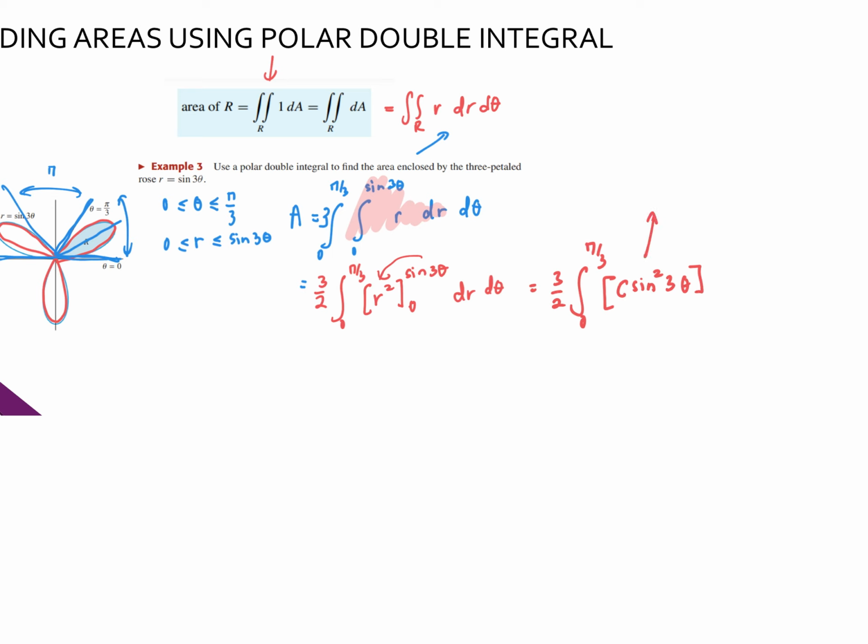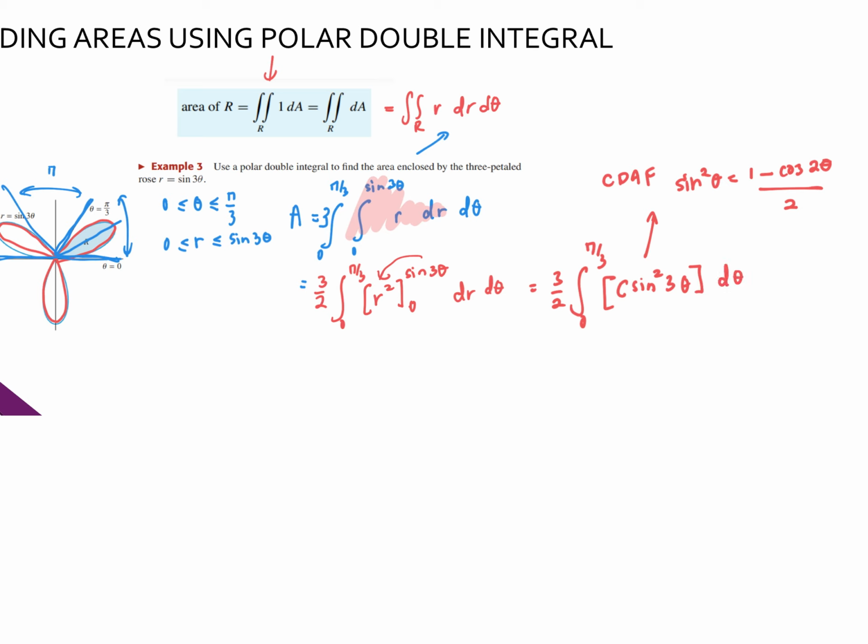From here we can use the cosine double angle formula, where sine square theta is equal to 1 minus cos 2 theta over 2.